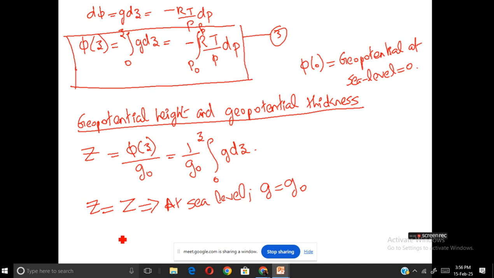So now let's look at what is geopotential thickness. Geopotential thickness is basically the thickness between two layers in the atmosphere of two different heights, Z1, Z2. What is the thickness of this particular layer? This is calculated as geopotential thickness.